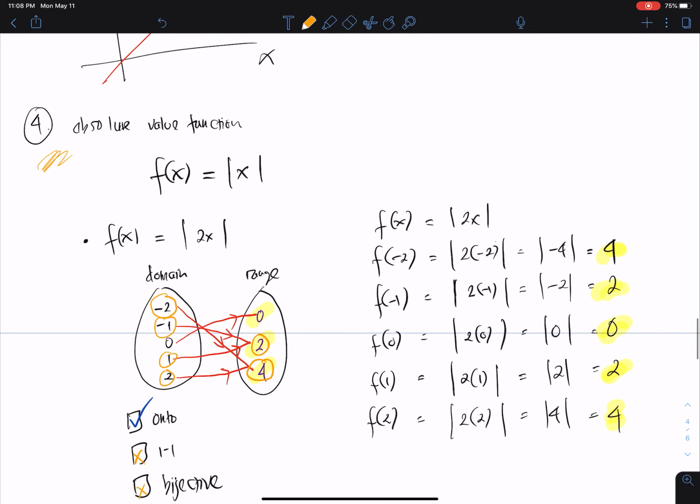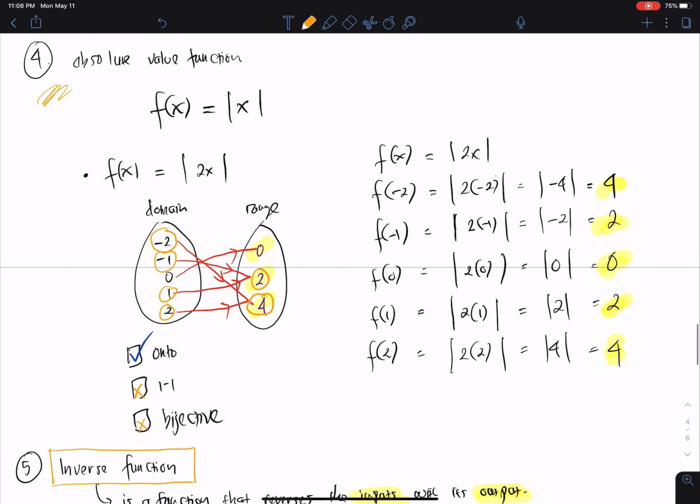And then absolute value functions we also discussed, and we have an example here, 2x. For this case, 2x is identified as an onto function, but not all absolute value functions are onto functions.